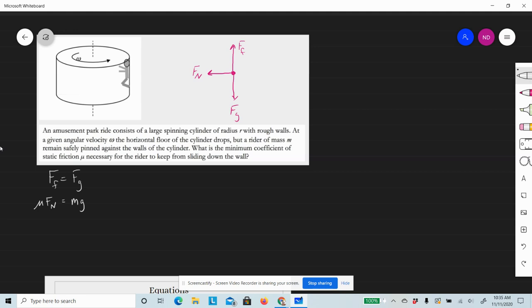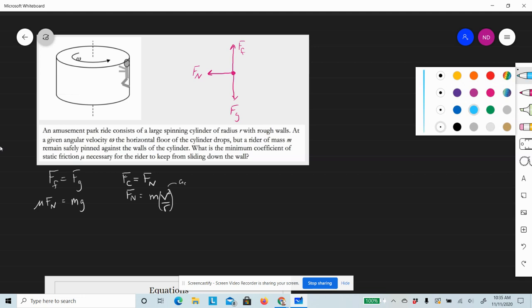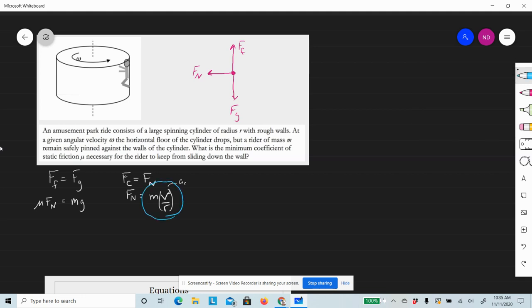But this guy's going in a circle. So the centripetal force towards the center is the normal force, which means the normal force is the mass times v squared over r, right? That's the centripetal acceleration. So now we plug this whole piece for the normal force into here.